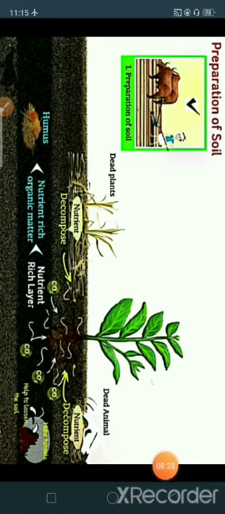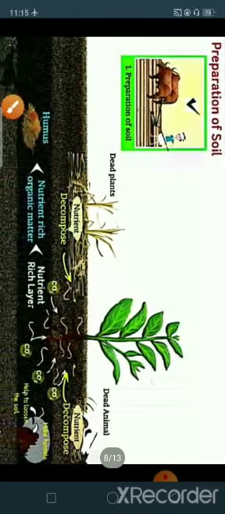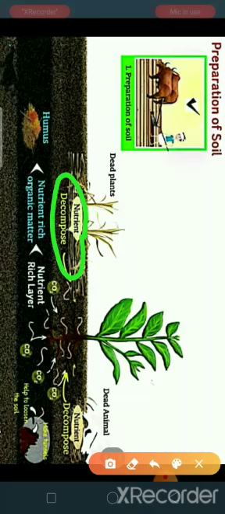Now, how do these organisms help to add nutrients? When these organisms act upon the decomposed matter, they convert the complex substances into simpler substances that are made available to the plant.